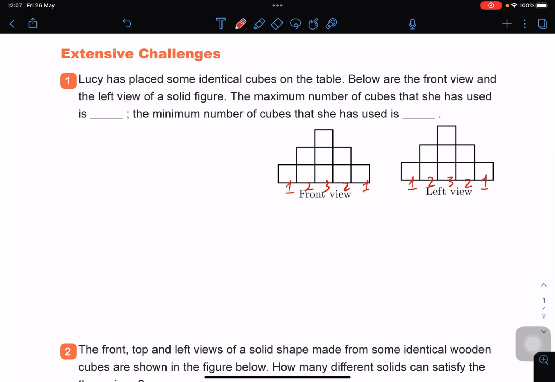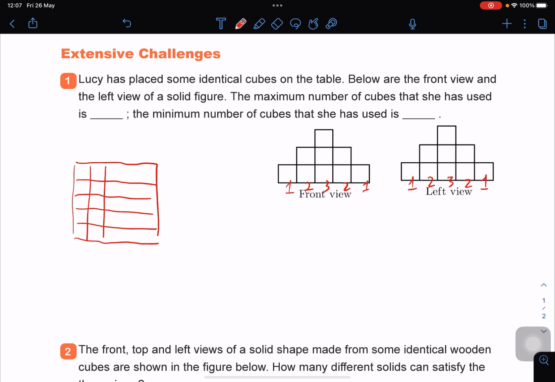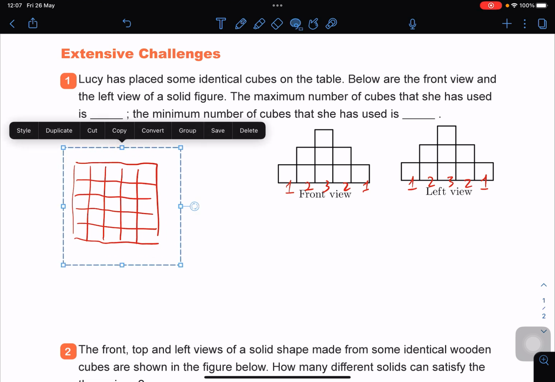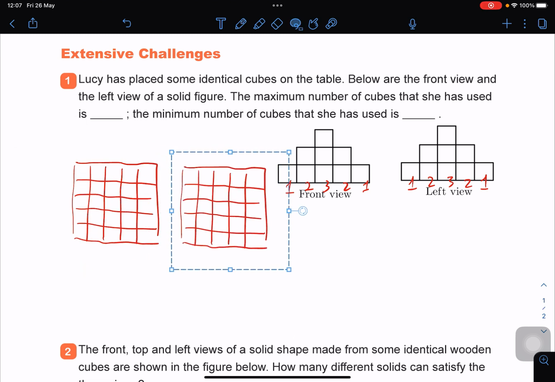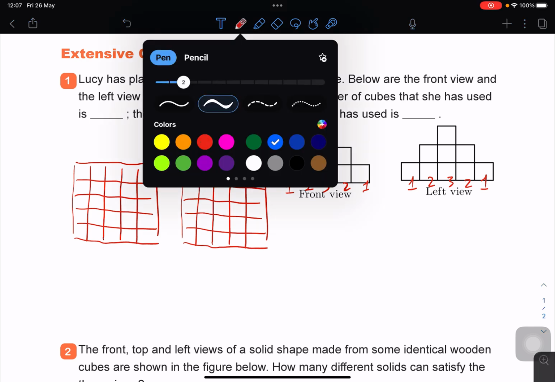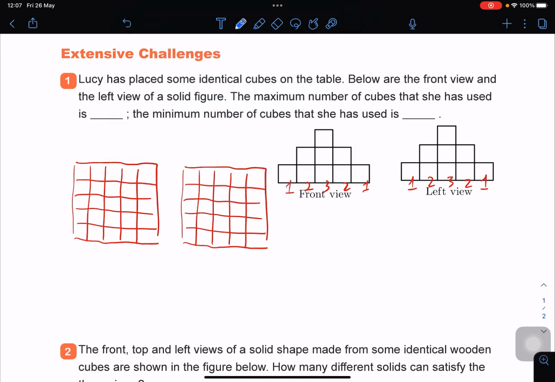So most likely the top view is going to be within a scope of a 5 by 5 square, because that's going to be like the maximum number of squares that you can take for the top view. However, if we are looking at the minimum, we need to think about it otherwise.